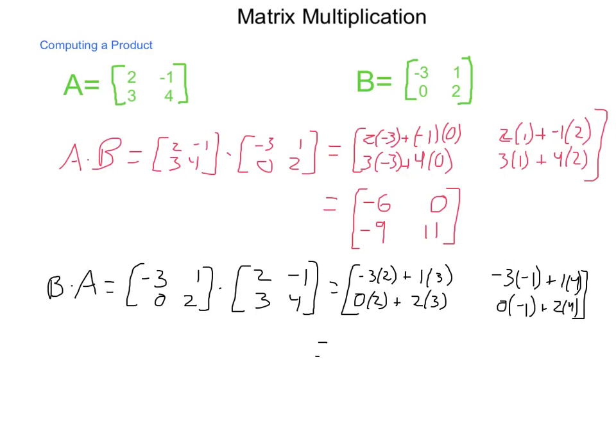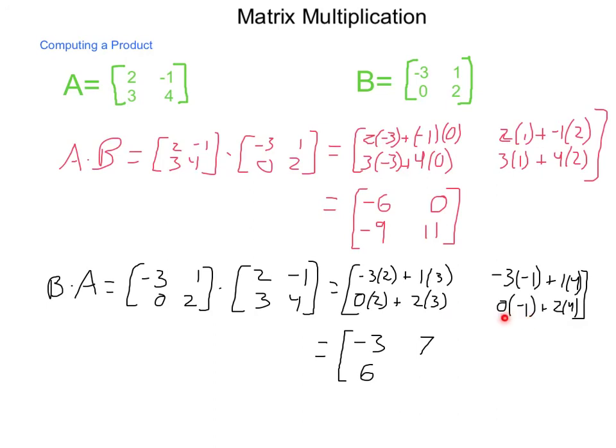Now going through and adding, multiplying and adding these, negative 3 times 2 is a negative 6, 3 times 1 is 3, negative 6 plus 3 is negative 3. Next, negative 3 times negative 1 is 3, 1 times 4 is 4, 3 plus 4 gives us 7. 0 times 2 is 0, 2 times 3 is 6, 0 plus 6 is simply 6.